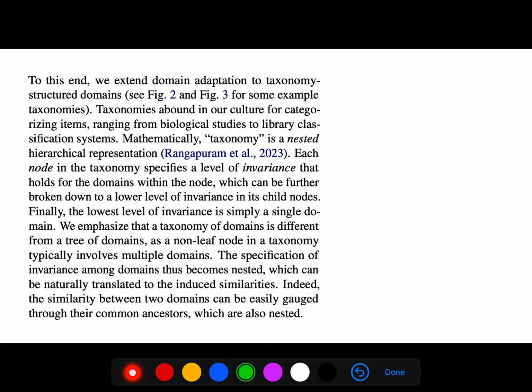Taxonomies abound in our culture for categorizing items, ranging from biological studies to library classification systems.